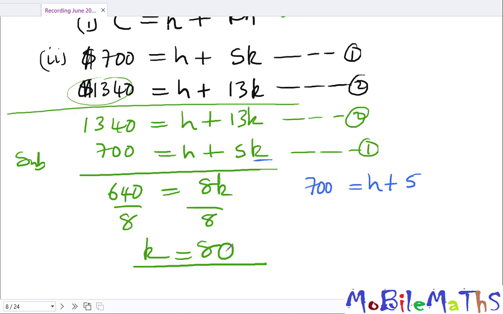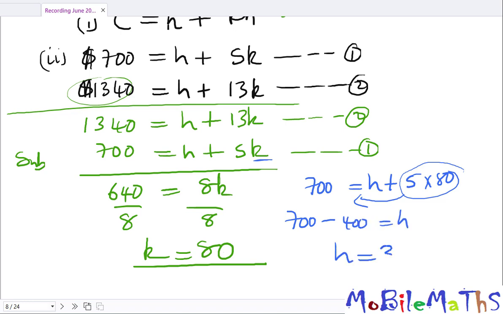We know its value, 80. So by 80, I can multiply and get this value and take it that side. So I'll have 700 minus 5 by 80, that's 400, is equal to h. So my h value is equal to 300. So we have all the values now.